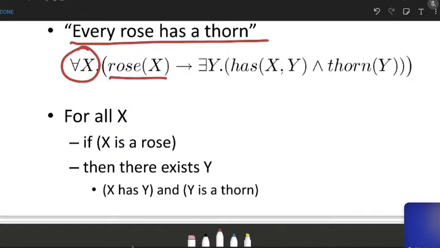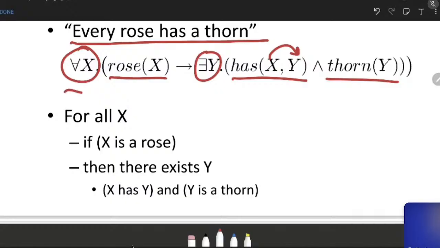So if X is a rose, now again, they're using a quantifier and a variable. There exists something called Y. What is that something? That something is a thorn. So there exists a thorn and they're saying X has Y. We know X is a rose. So X has thorn.